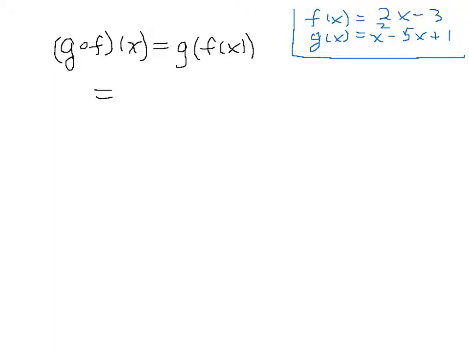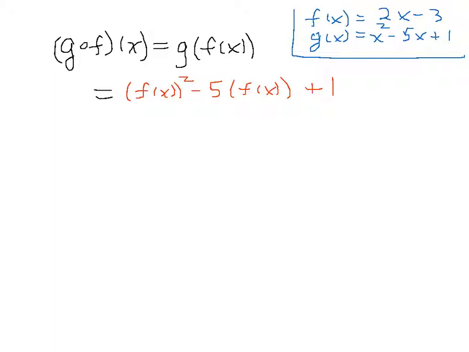So what that means then is that g of f of x is going to be f of x squared minus 5 times f of x plus 1. See the pattern? x squared, f of x squared, minus 5x, minus 5 f of x, plus 1, plus 1.